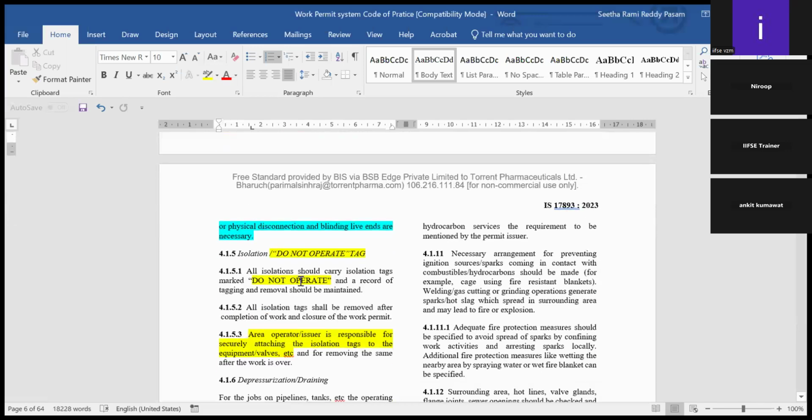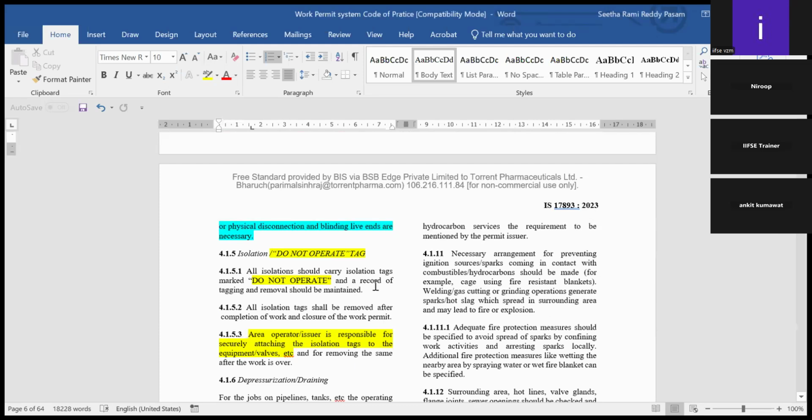Then we'll have isolation tags, do not operate tags. This is again a LOTO, where we inform, or where we physically hang a tag near the valve or near the operation switch, so that people will be aware that we are not supposed to turn on, or not supposed to activate, that specific switch.